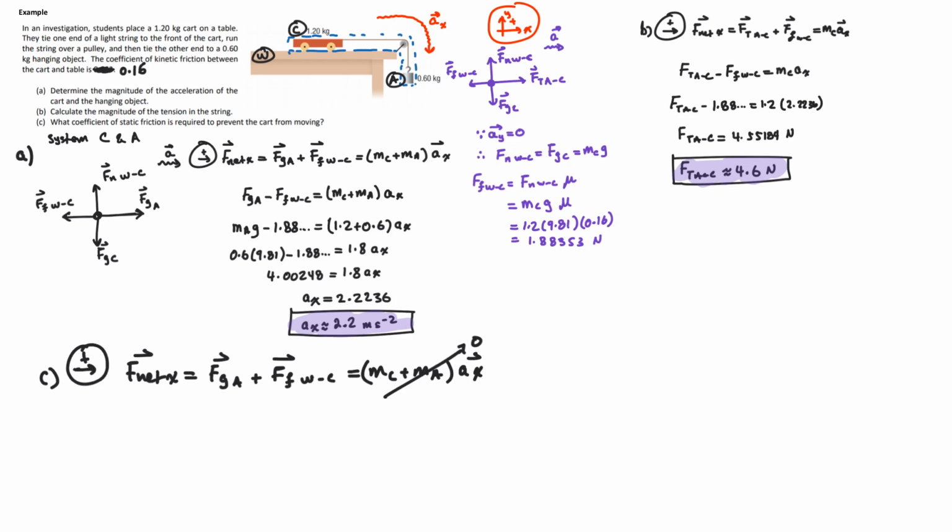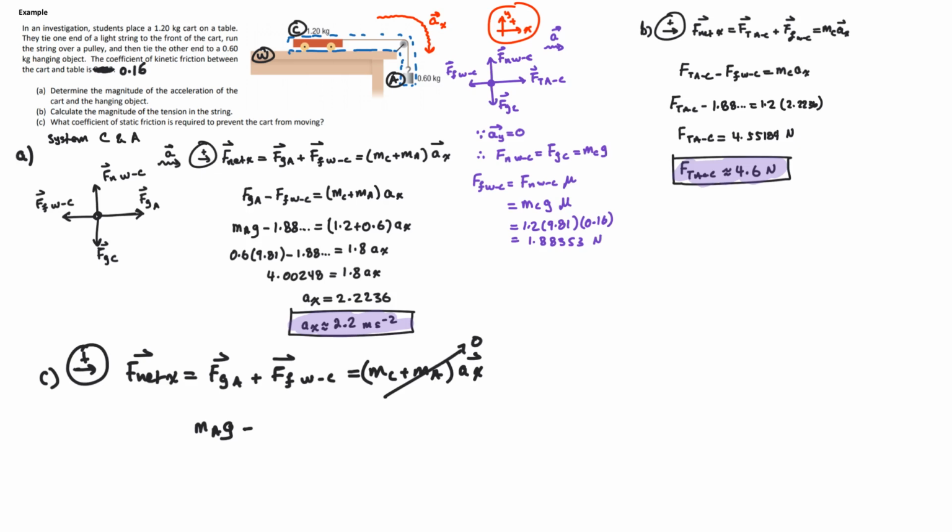For the gravitational force on A, that's going to equal the mass of A multiplied by g. It's acting to the right, so I'll use positive. Force of friction, it's acting to the left, so I'm going to use negative.